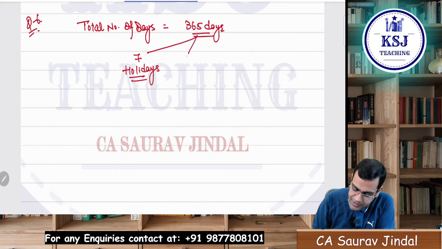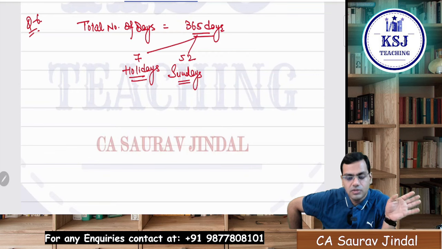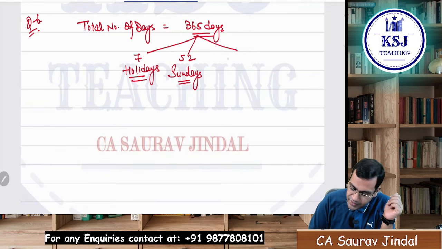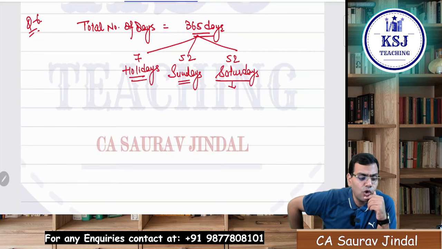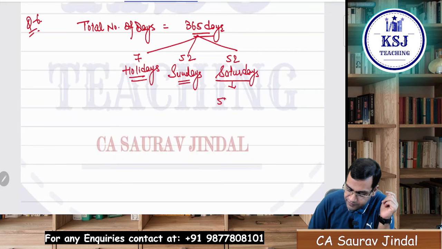Let's take out 52 Sundays. Will the machinery be working on Sundays? No, sir. Then 52 Saturdays. On Saturday, the machinery will be working for 4 hours, not 8 hours. So here the working will be 52 multiplied by 4, that is a total of 208 hours.